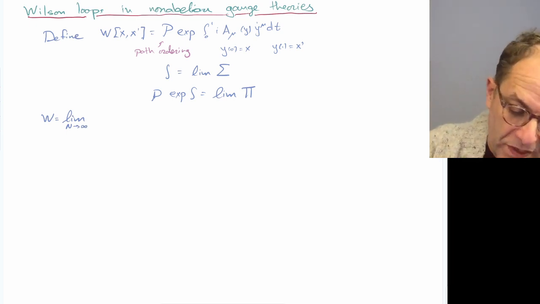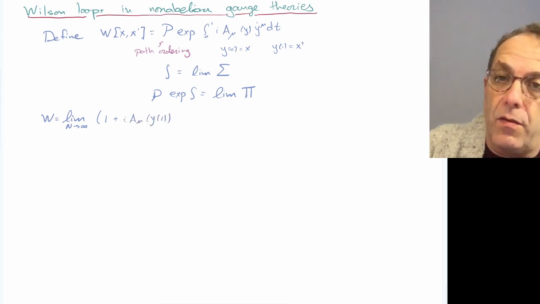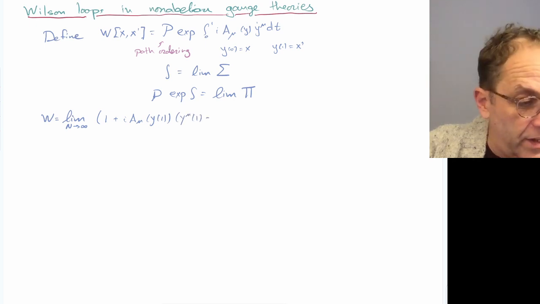So the Wilson loop is the limit of n going to infinity when we divide the interval between 0 and 1 into n smaller intervals, and we take these products of 1 and parts of the gauge field.